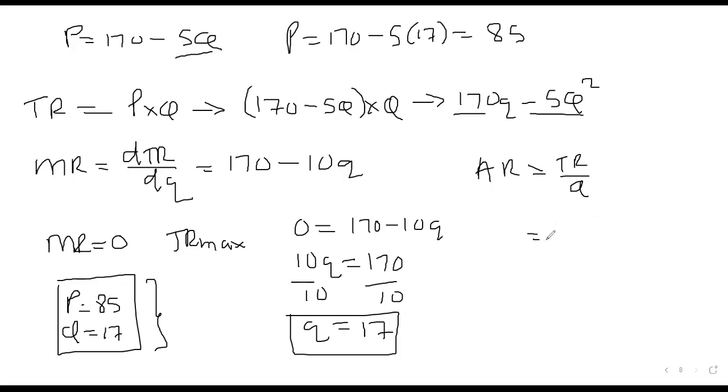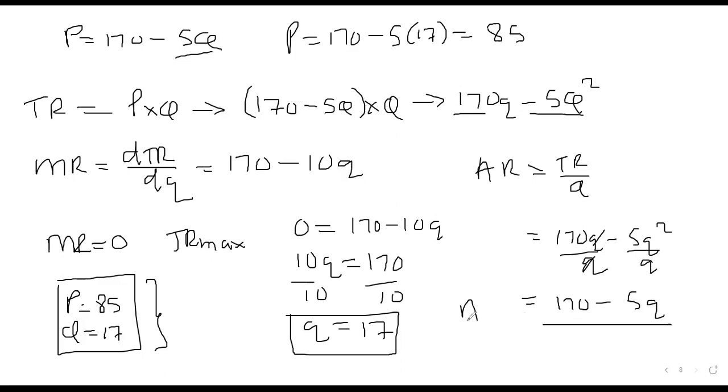So 170Q minus 5Q squared. Caution here, if you put 1Q there, people will just forget. They don't divide there. That's why I usually tell students to divide the Q across the board so that you're able to find our value. So when you divide it, you're going to get 170, and here you're going to get 5Q. This is how we find the value there.